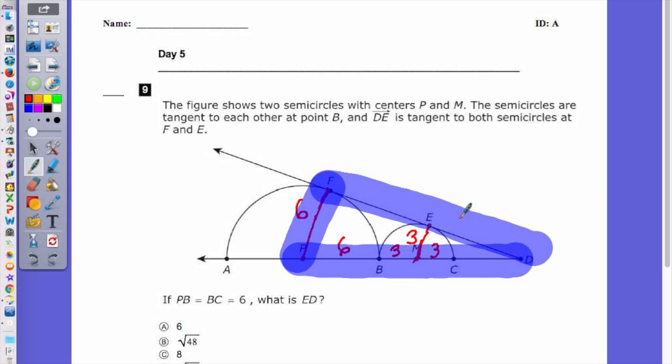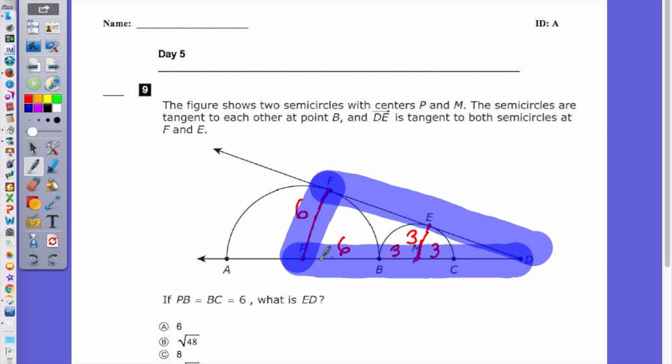The benefit I've had this year is that I have taught this once already, so I know what type of questions kept coming up by the time we got to EOC. What you're dealing with here now is a triangle.